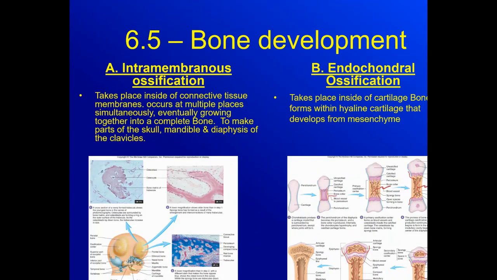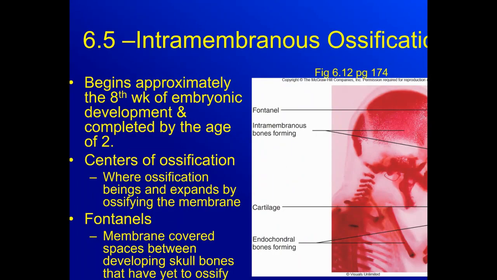So bone development. You've got two types of bone development, intramembranous ossification and endochondral ossification. Intra, inside; membranous, a membrane. Endo, inside; chondro, cartilage; ossification. So intramembranous ossification begins about the 8th week of embryonic development.